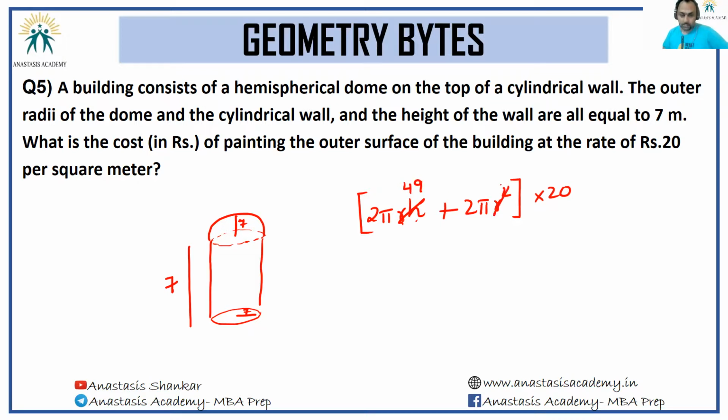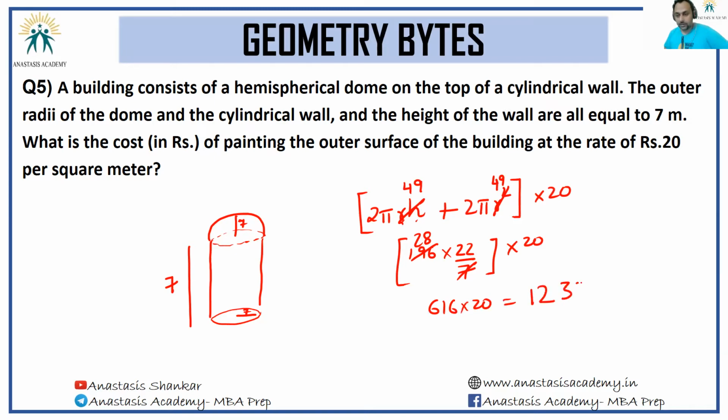For the hemispherical dome, it is also 49. So I've got 196 into 22 by 7 here. Cancel, 28 into 22. This whole thing has to be multiplied by 20. 28 into 22 is 616, into 20. So the final answer here is 12320.